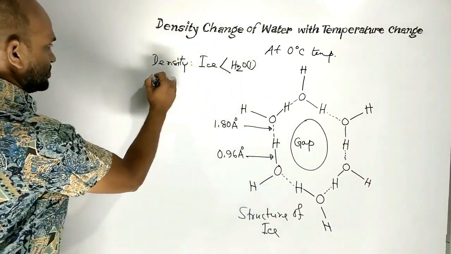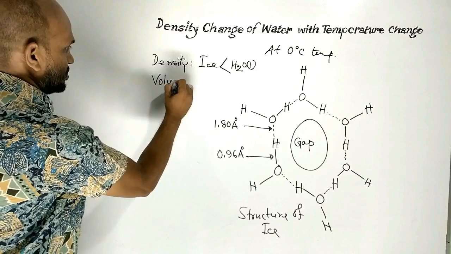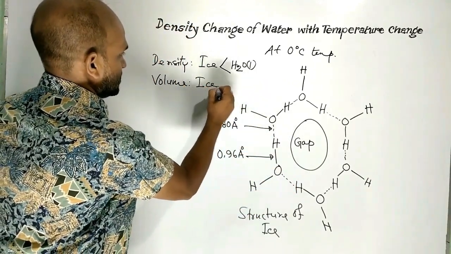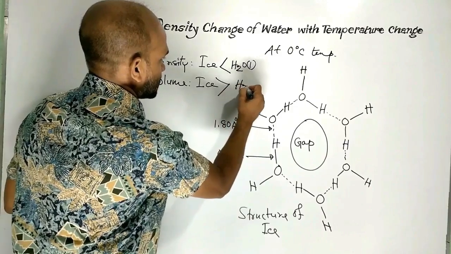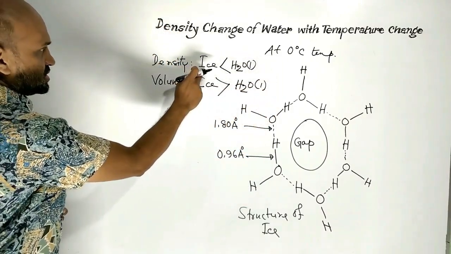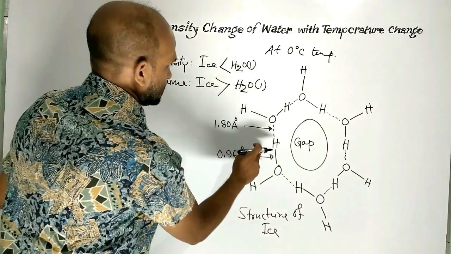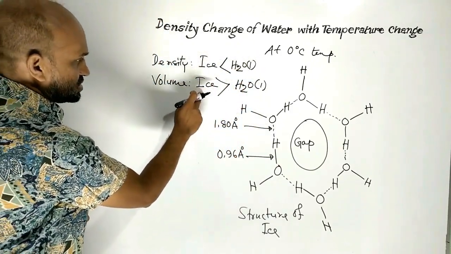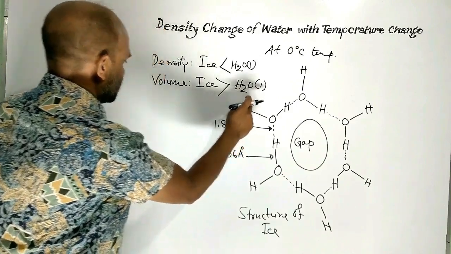At the same time, volume of ice is greater than water, as density of ice is less than water and volume of ice is more than water.